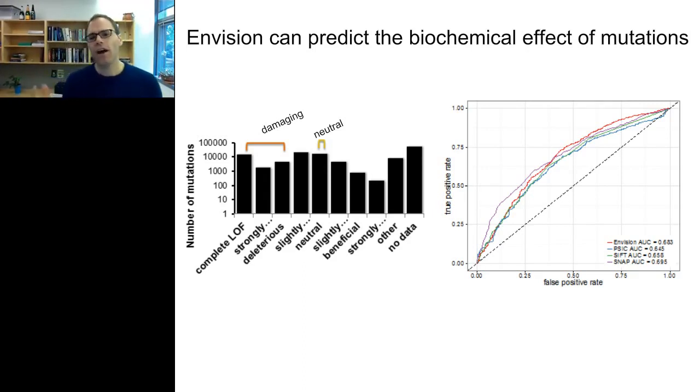So it's hard to make a comparison in that case. In any case, what this tells us is that from 9 protein deep mutational scans, we can train a model that is at least as good and in many cases better than other variant effect predictors out there. So that made us quite happy.